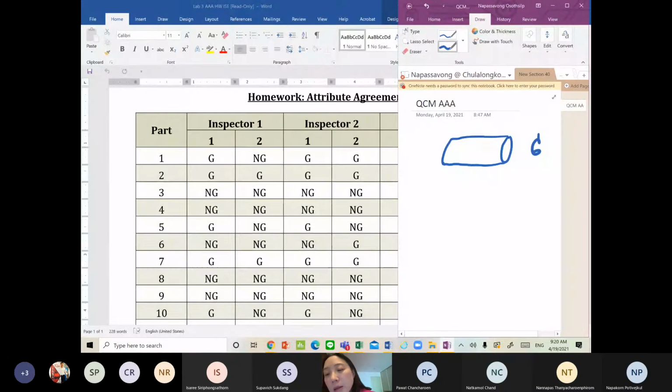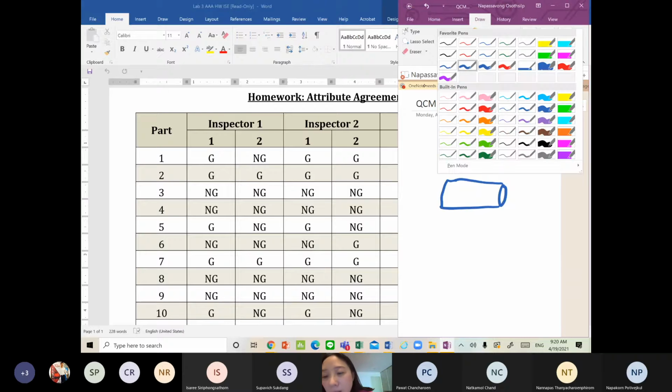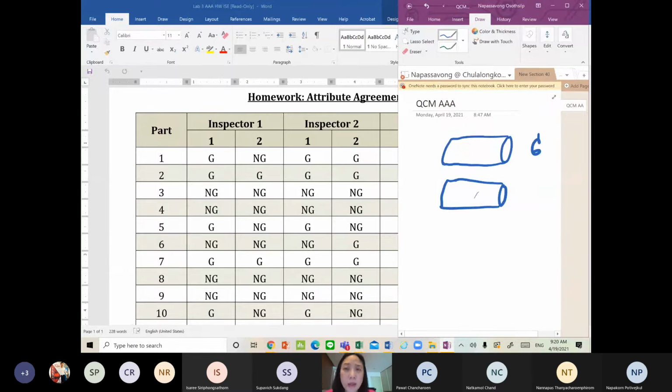Next, if we have another part that contains a defect which is very thin, like this, and short, sometimes the manufacturer and the customer agree that they both can accept this defect if it's very small.